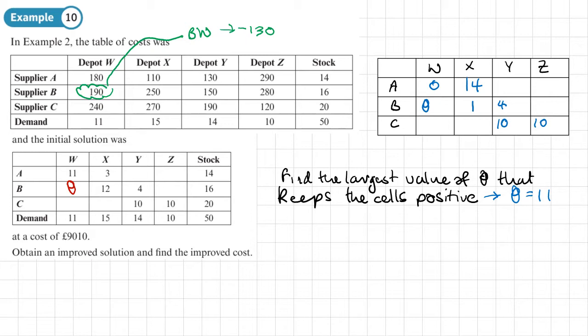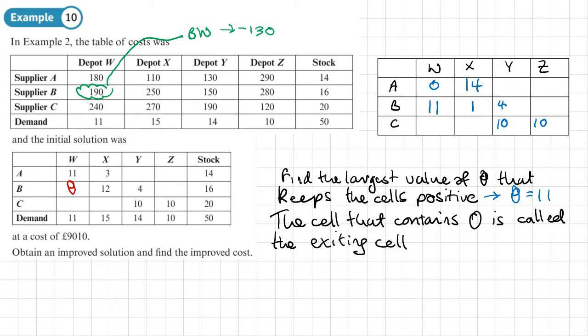And not forgetting the theta itself, that becomes 11. Now, the cell that contains a 0 is called the exiting cell because that now has a value of 0. So we can get rid of that. And now using these new values, we can work out the transportation costs, and we should have an improved solution to the one that we had before.